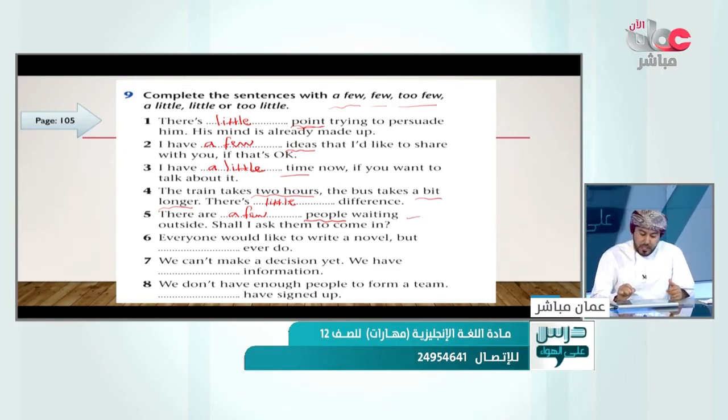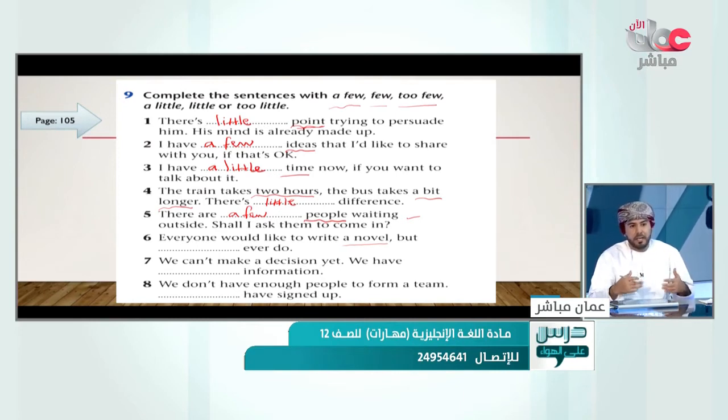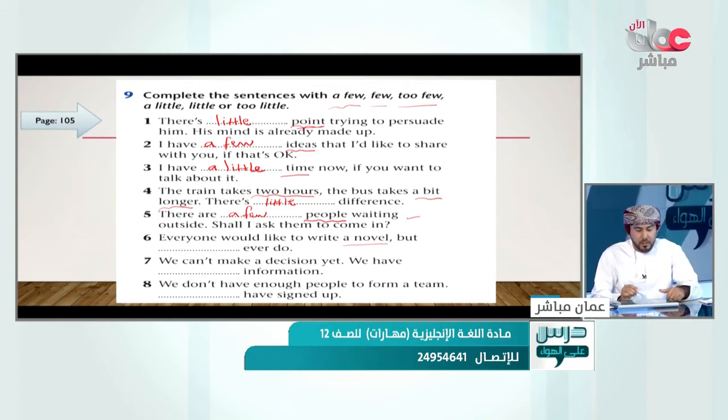Number 6: everyone would like to write a novel, but few ever do. A novel is countable, but almost no one tries, or it's not enough people to write a novel, which means this has a negative connotation.